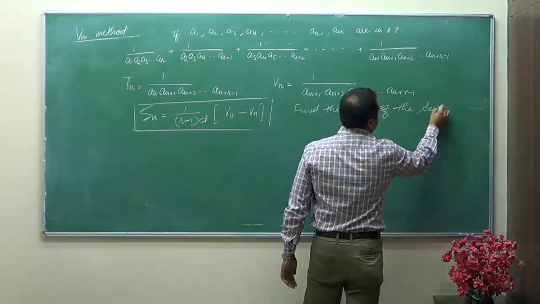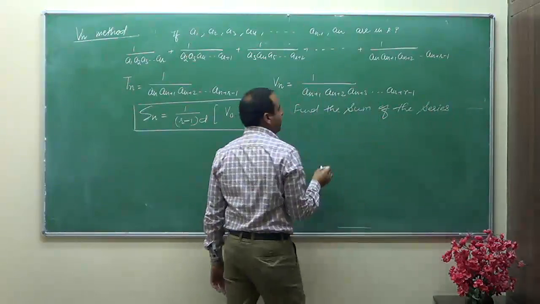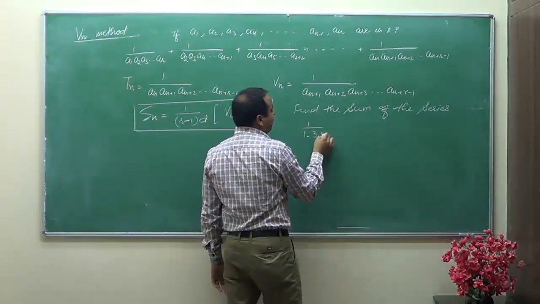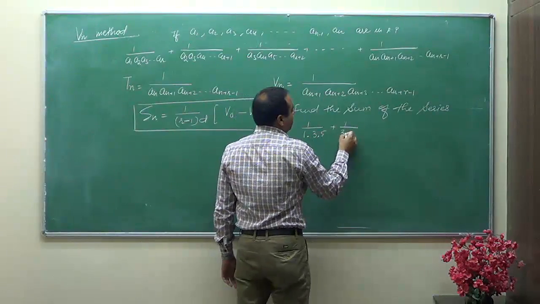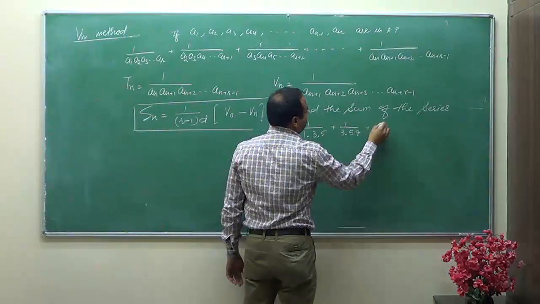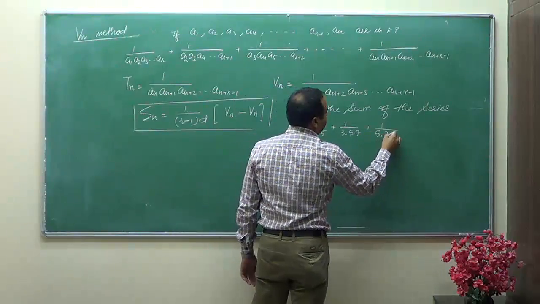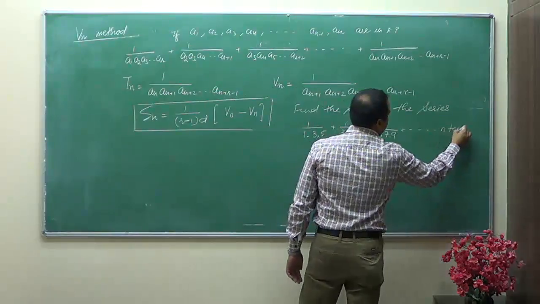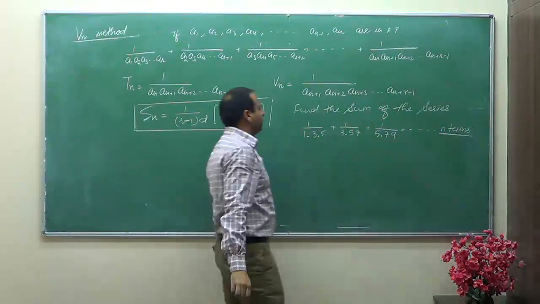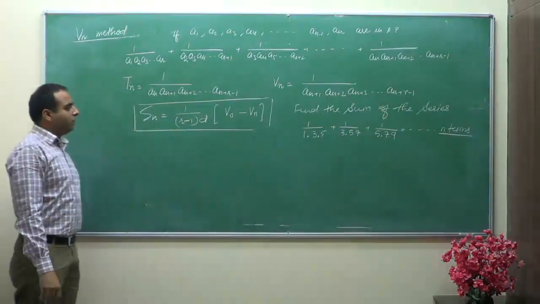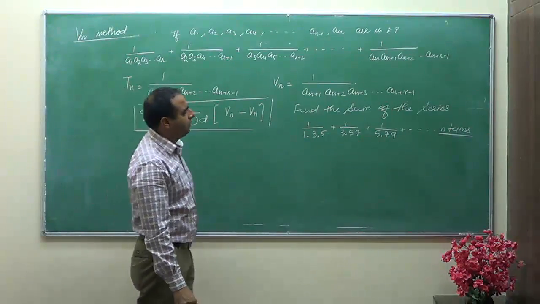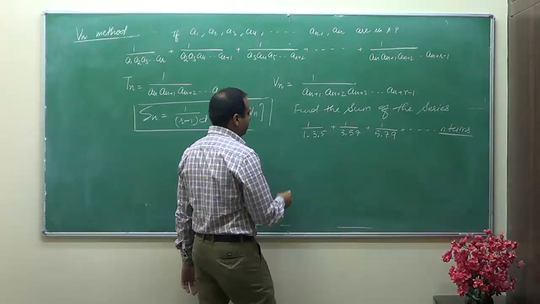of the series, and the series is 1 over 1 into 3 into 5, 3 into 5 into 7, 5 into 7 into 9 up to n terms. That is, 1 over 1 into 3 into 5 plus 1 over 3 into 5 into 7 plus 1 over 5 into 7 into 9 up to n terms.